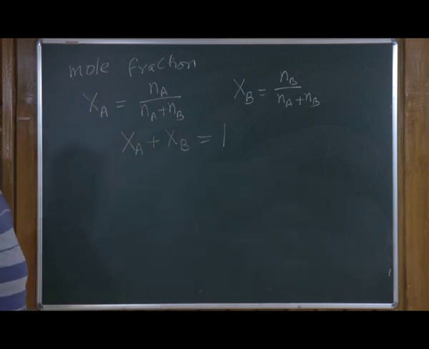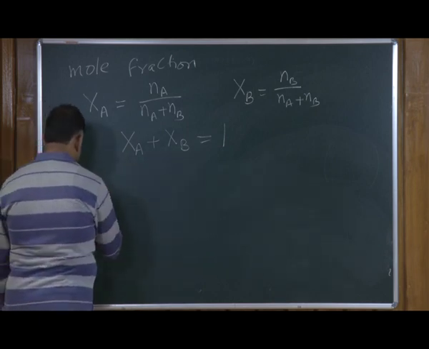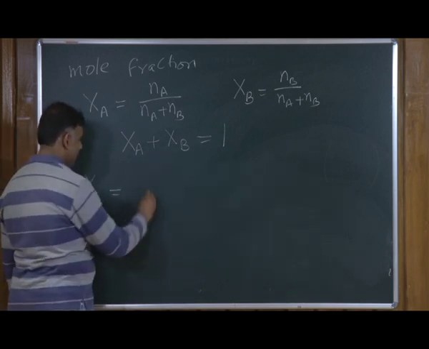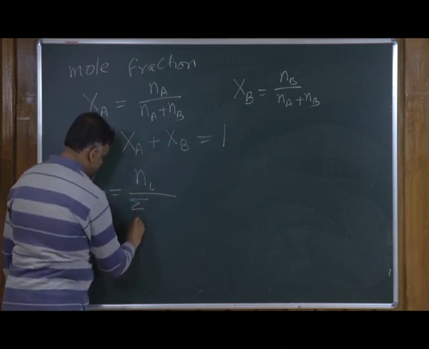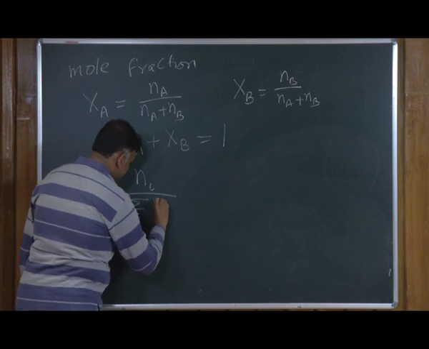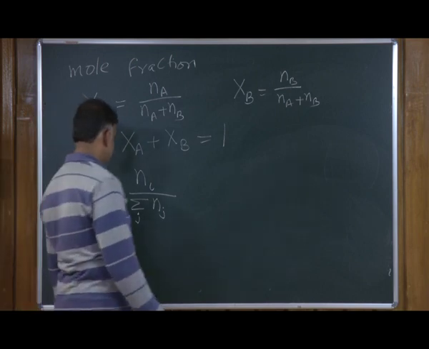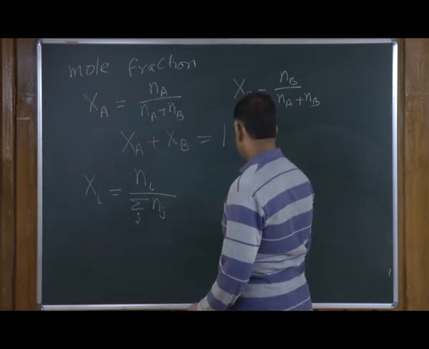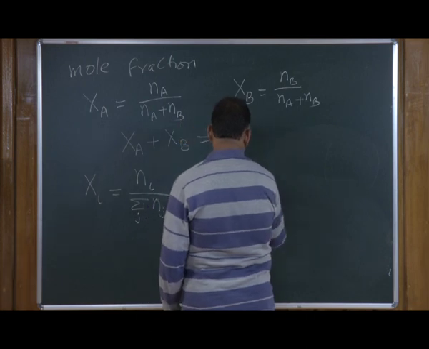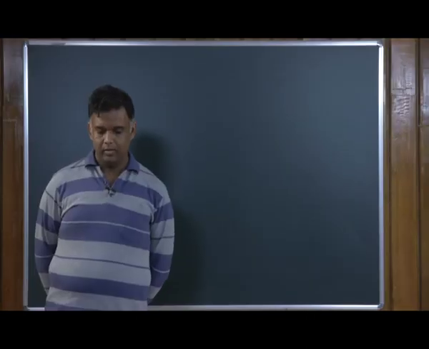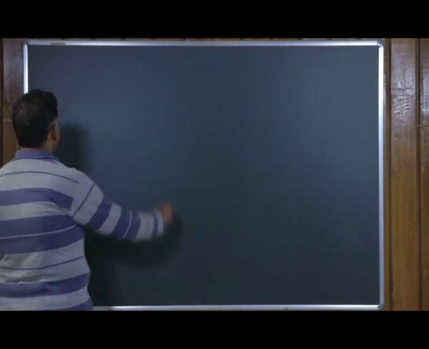If more than two components are present in the solution, then the mole fraction of the ith component would be given by moles of the ith component divided by total number of moles of each and every component. And again it will not be difficult to prove that the summation over all the mole fractions would be equal to 1.